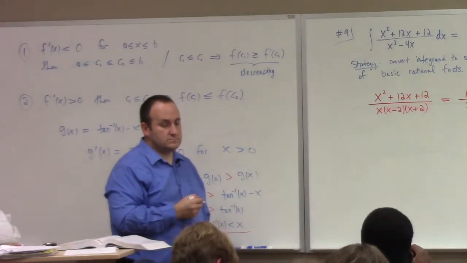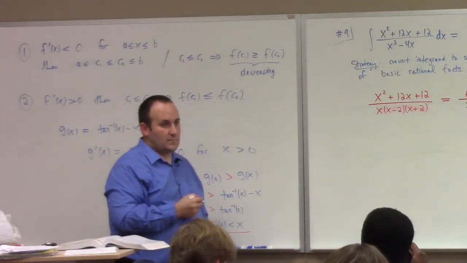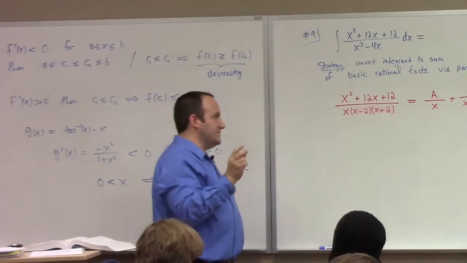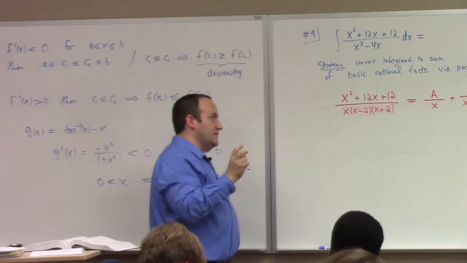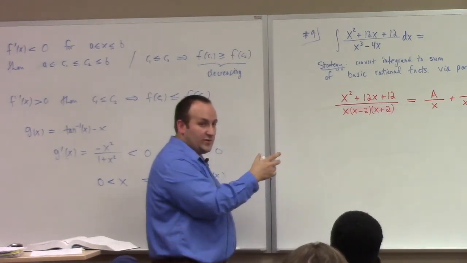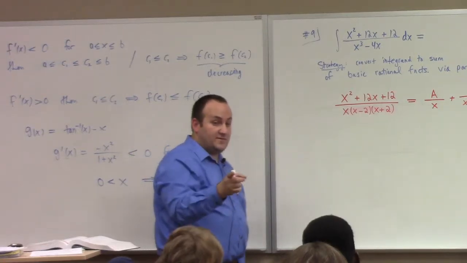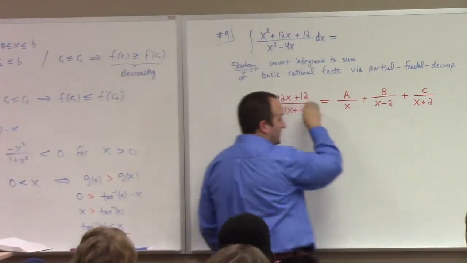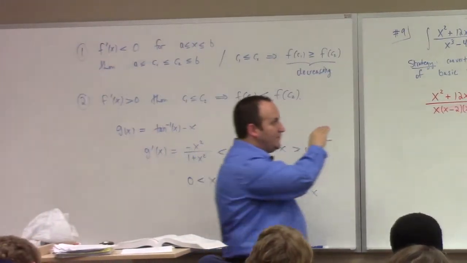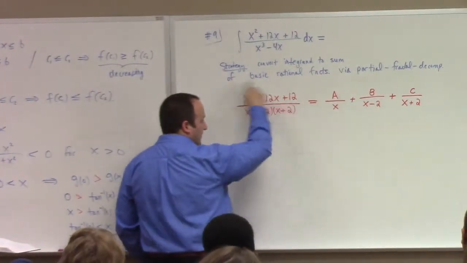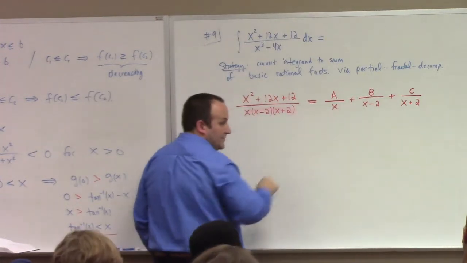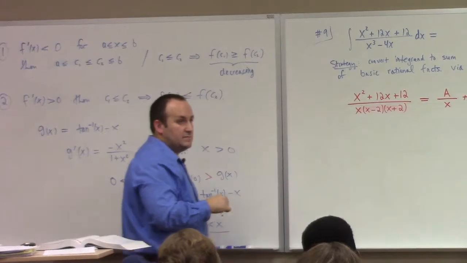That's true. Yes. So let me try to phrase it more carefully. The setup of the partial fractions doesn't depend on the numerator. The values of a, b, and c are totally dictated by the numerator. I agree. But this step right here, I could make this whatever I want, any other quadratic, and it wouldn't change that a bit. Okay?